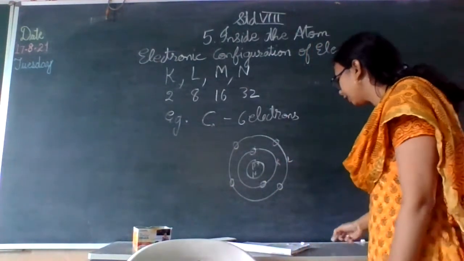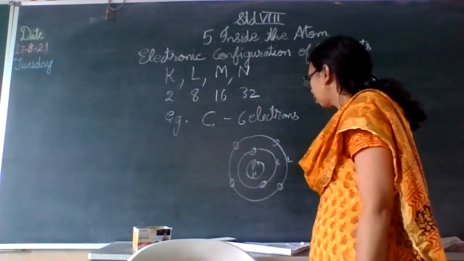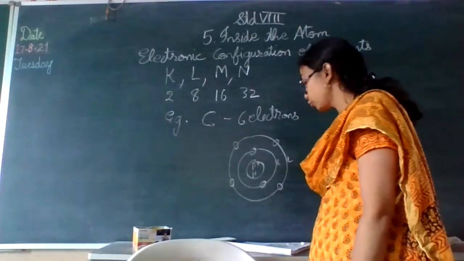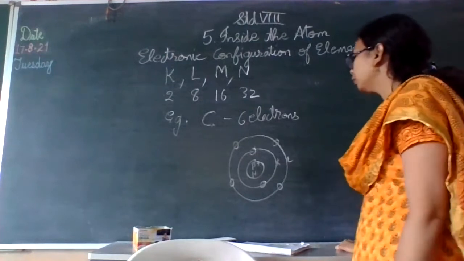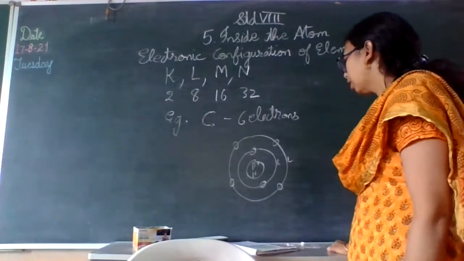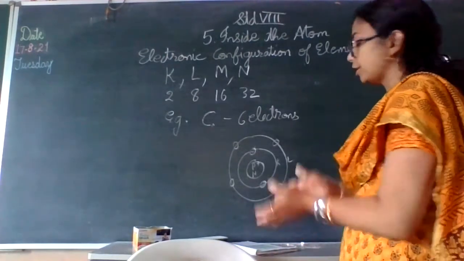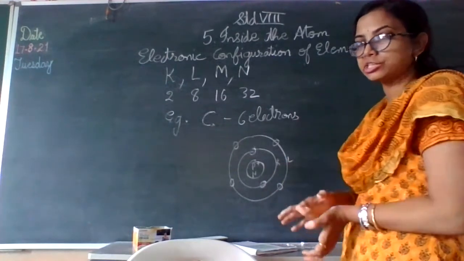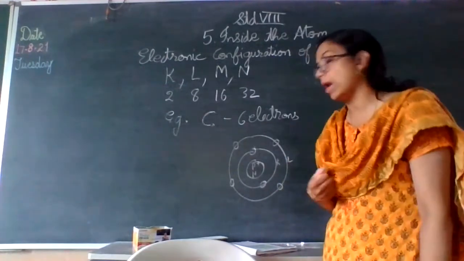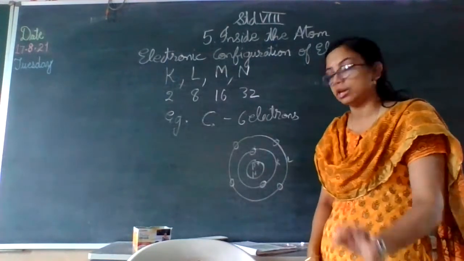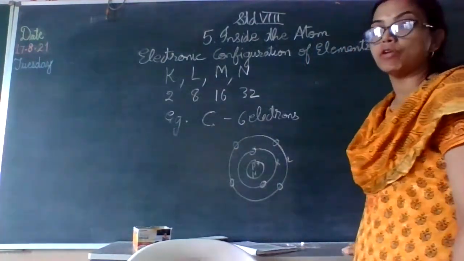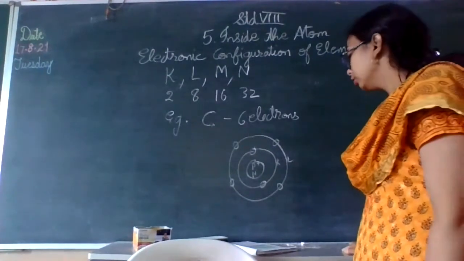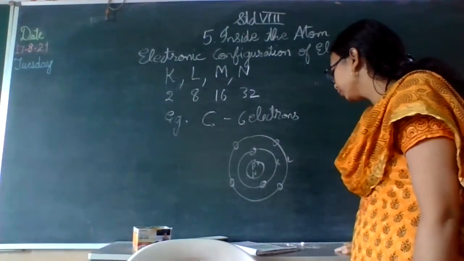It can accommodate some more electrons in its outermost shell. So that way we can identify the valency. How many electrons are less or how many it can accept will decide the valency of that element. Valency and electronic configuration are interrelated this way.